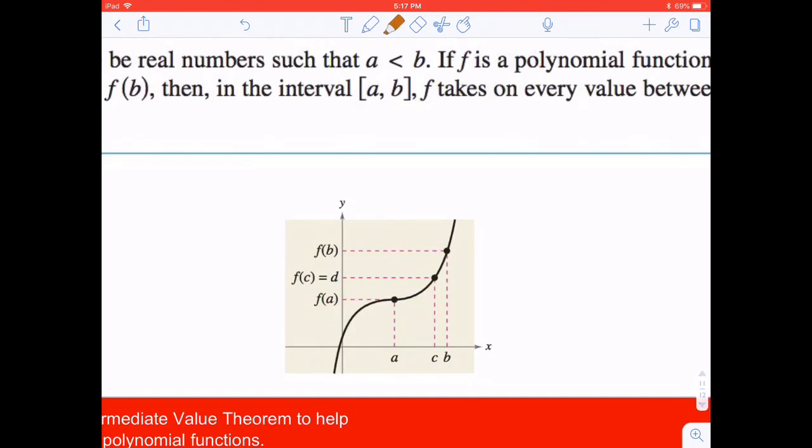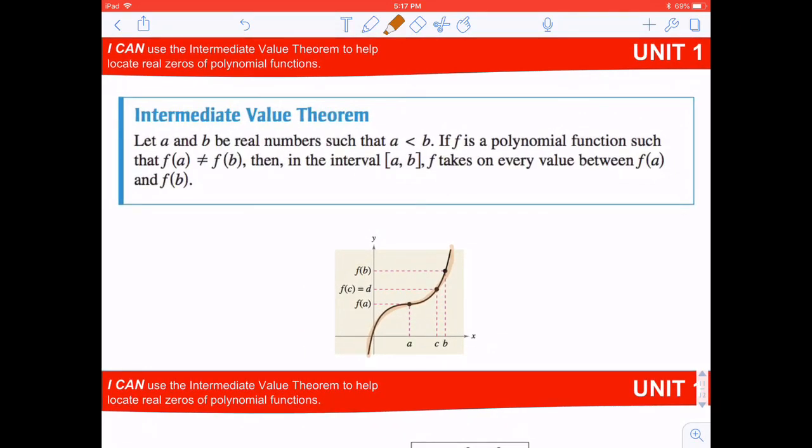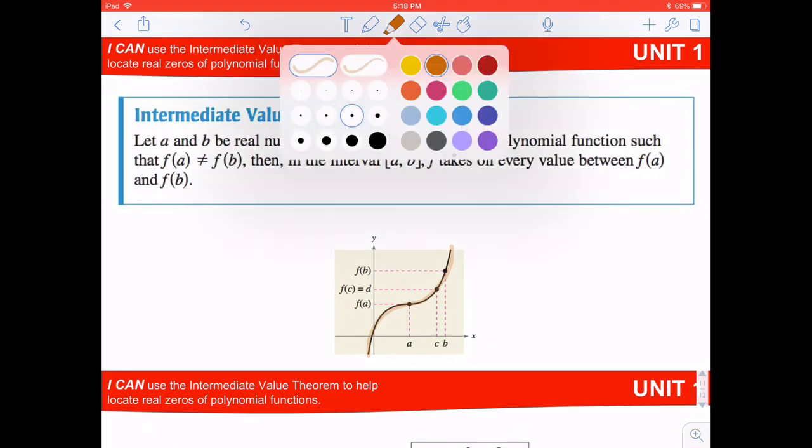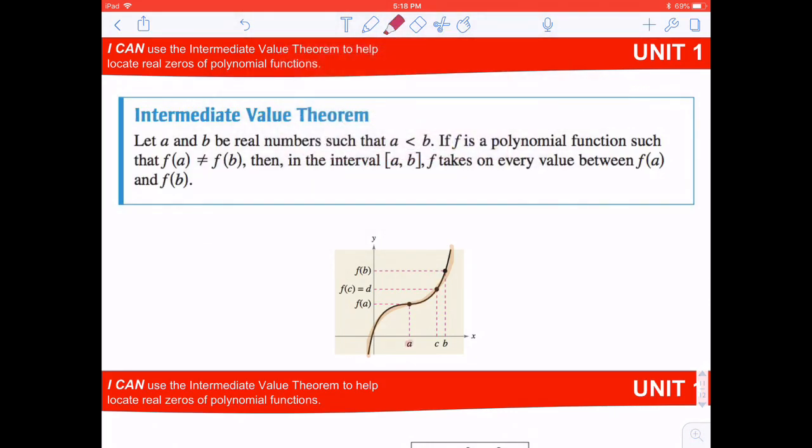a polynomial because it's just one little curve there, it's continuous all the way, and we take these values here, x is a and x is b, and notice that the y values that correspond to those are not the same y values.